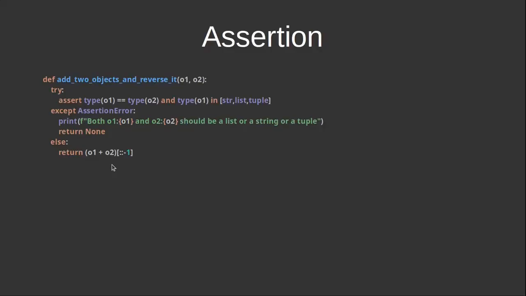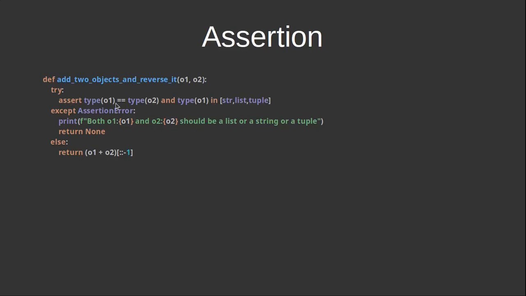I will take the same example add2objects and reverse it, but this time, while implementing try and except block, I will also implement assert statement. So in try block, I will assert type of O1 and type of O2 are equal, and type of O1 is in the list: string, list, tuple.